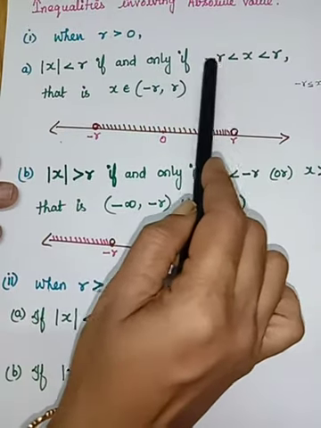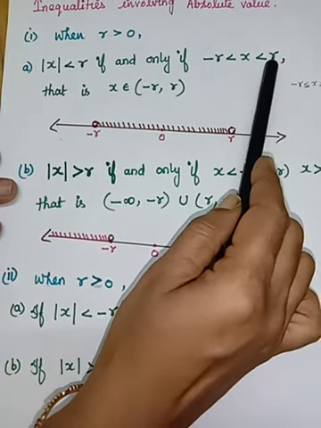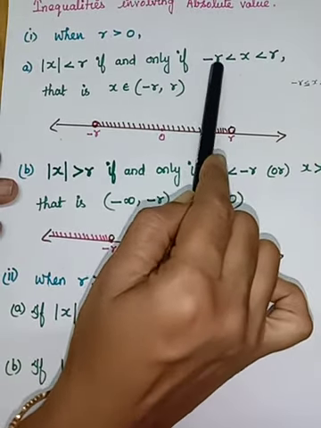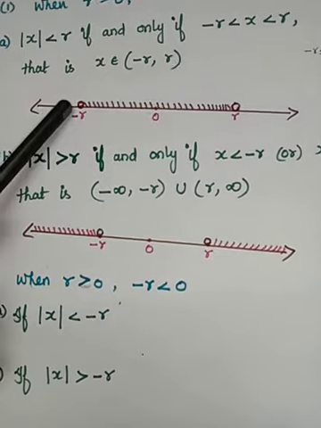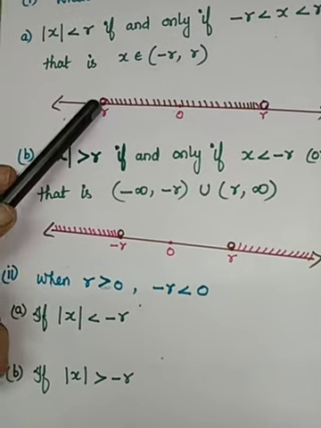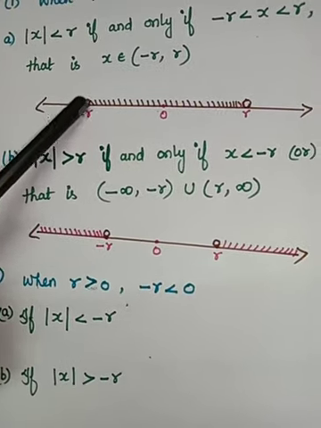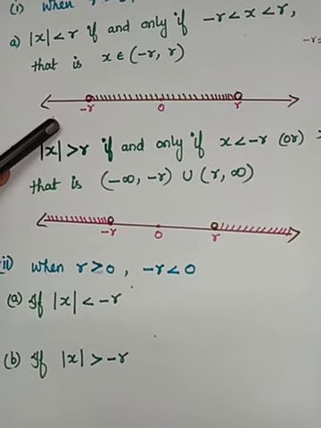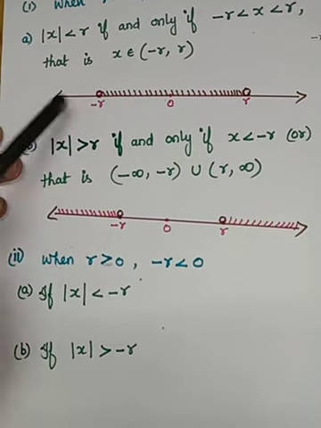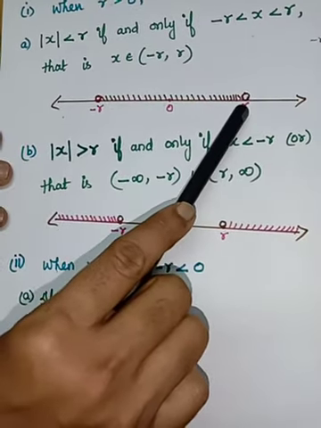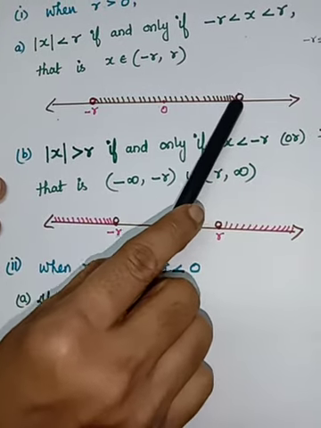Here minus r less than x less than r means minus r is not included. To show on this line, I put a small circle. So it is not included. If I shade, it is included on the number line. And r also is not included, so I put a circle.